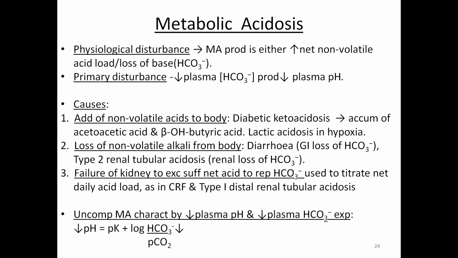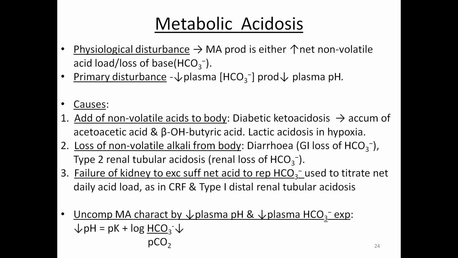The third cause is failure of kidney to basically excrete sufficient net acid to replace the bicarb, which has been used to titrate net daily acid load. Okay, and when does this happen? Like in a situation of chronic renal failure, in which the kidney experiences failure to excrete hydrogen ion as titrable acid and as NH4.